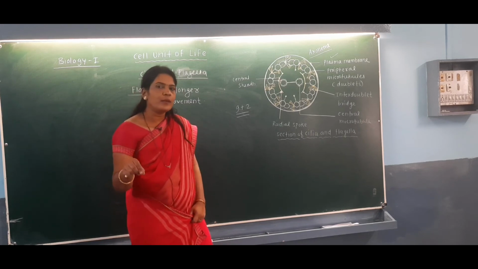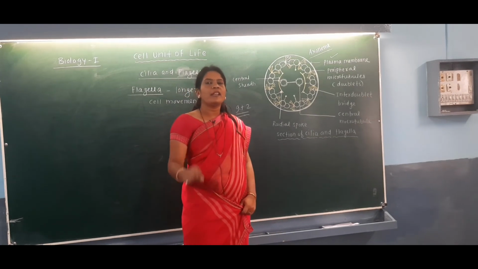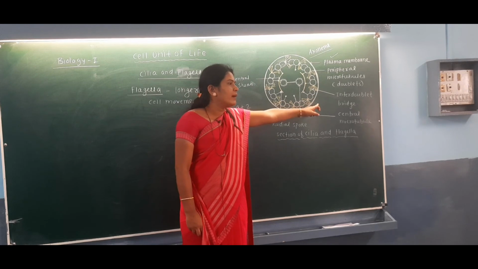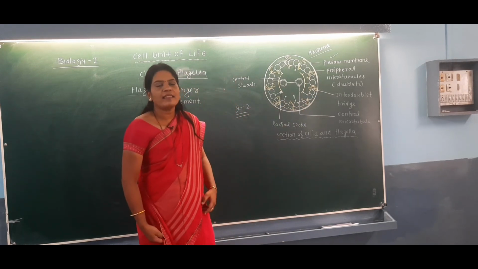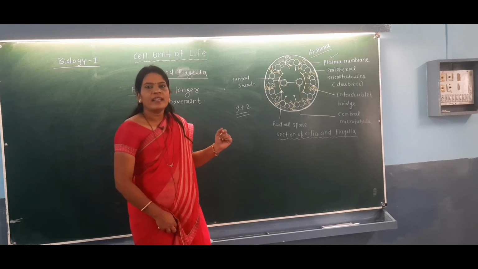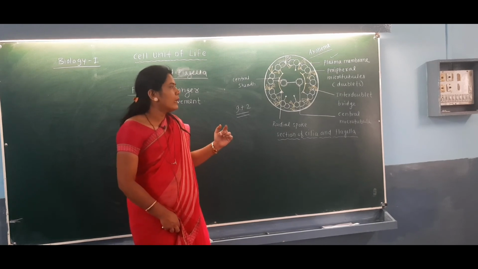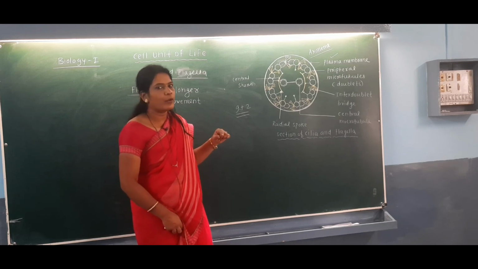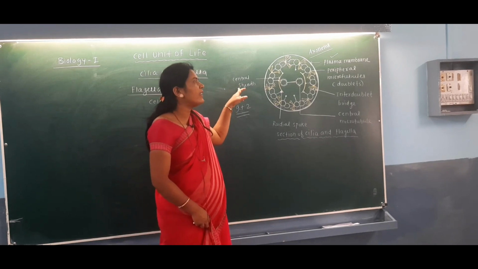If asked what connects the successive doublets at the periphery, you have to write interdoublet bridge. If asked what covering is present around the central microtubules, you have to answer the central sheath.